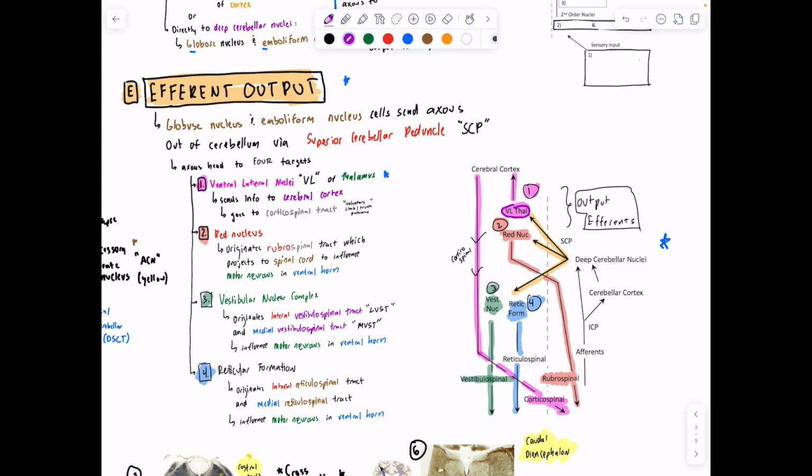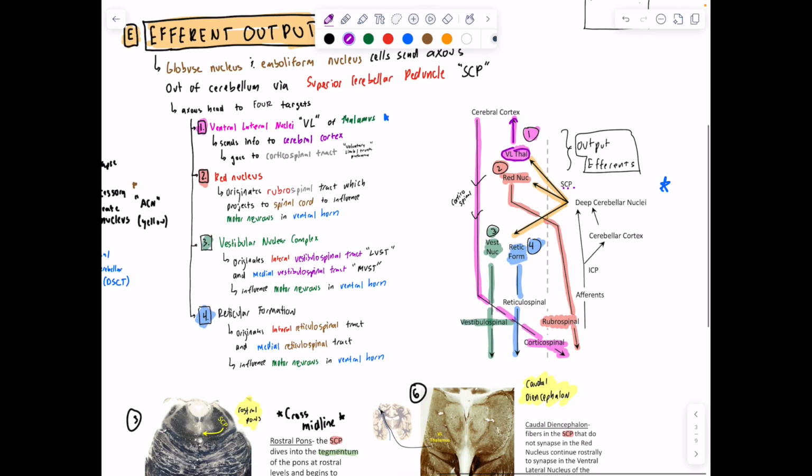So this pathway right here, via the superior cerebellar peduncle, is going to go up to the cerebral cortex, and then it's going to go to the corticospinal tract, which you may remember from last lab, or maybe it was two labs ago. That's voluntary muscle movement of the limbs. So that's going to go down, down, down, the corticospinal tract. Okay, so this is the first target, the thalamus, and it's going to do voluntary muscle limb movement.